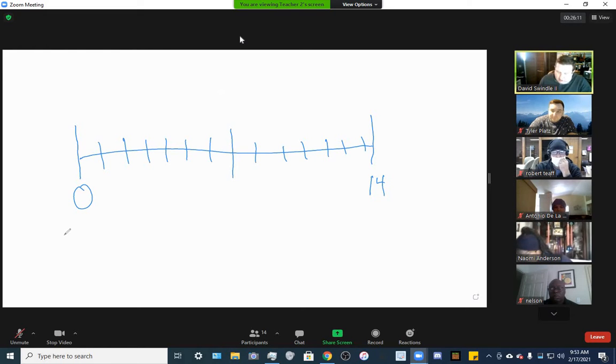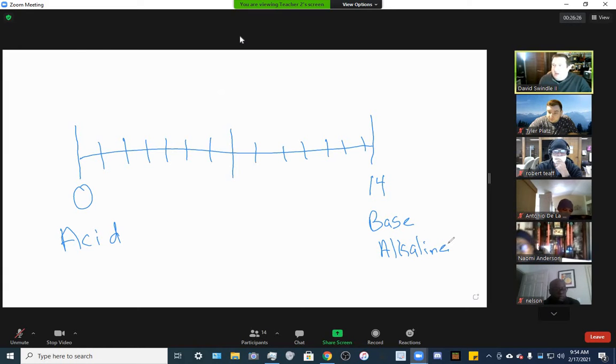On the low end of the pH scale are acids. On the high end is what we refer to as base or alkaline. In our world, we refer to them as alkalines, but a lot of chemists will refer to that as a base. Same thing, they mean exactly the same. In the middle of the scale is pH 7 or neutral.